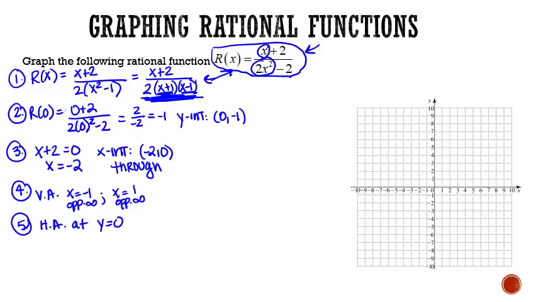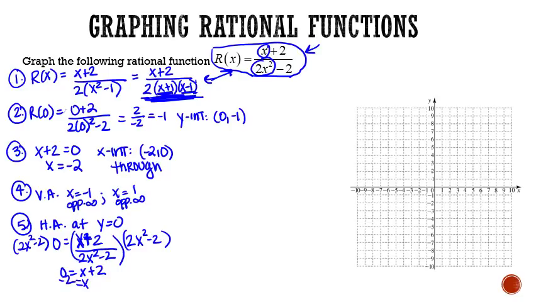To find out if I'm ever going to intersect this horizontal asymptote, we'll set our equation equal to this. 0 equals (x plus 2) all over (2x squared minus 2). Multiply both sides by 2x squared minus 2, and we're left with 0 equals x plus 2.